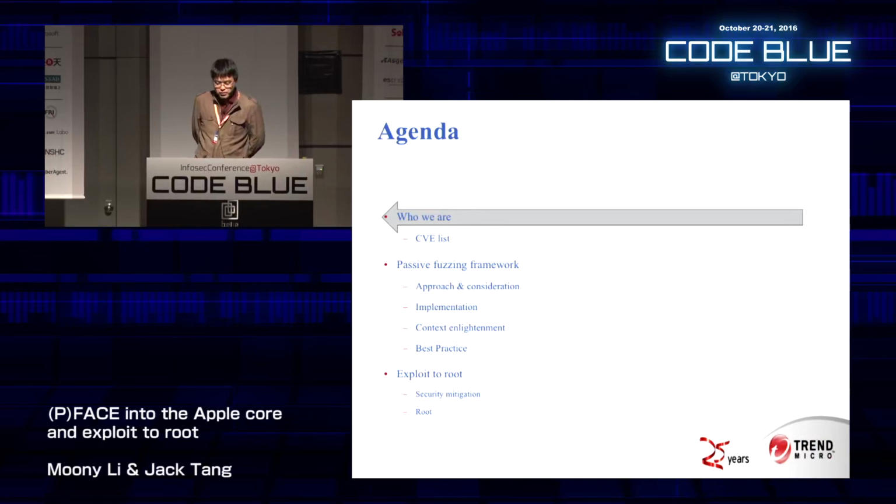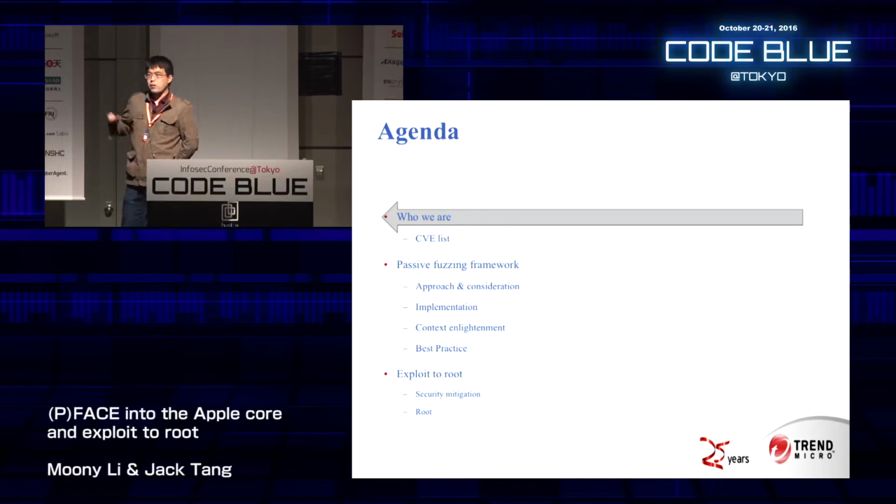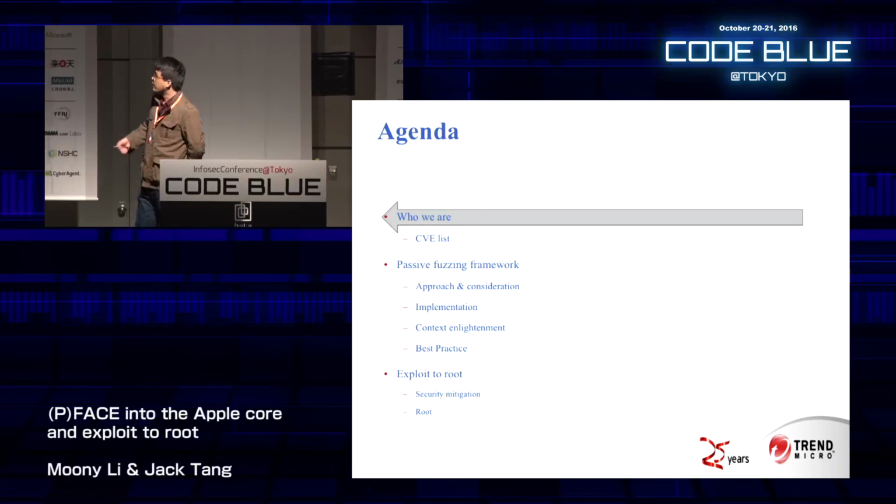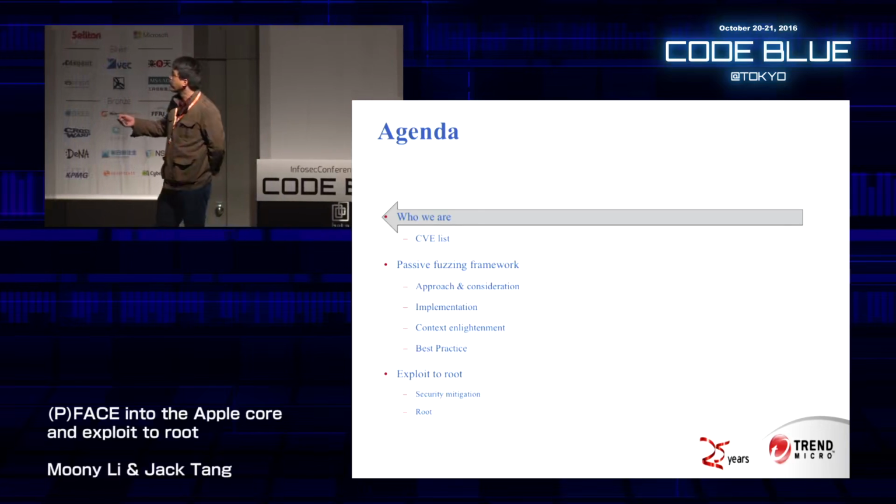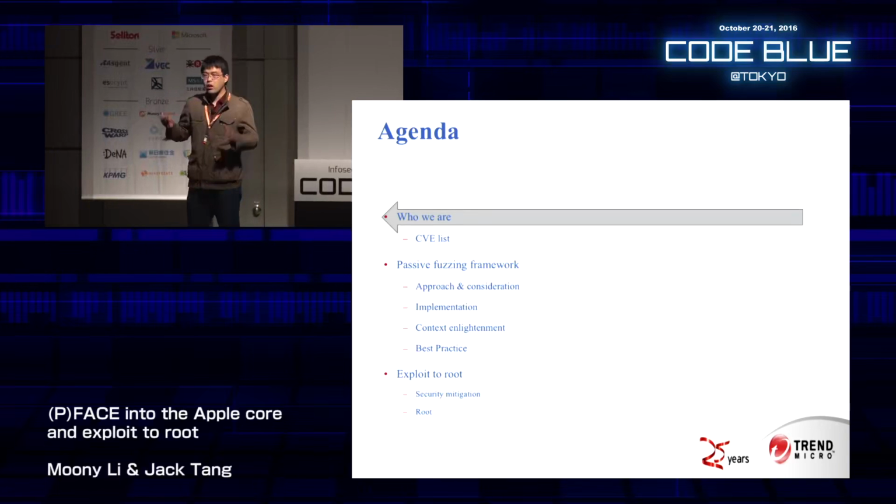Okay. This is my agenda. First, I will introduce a little about me and my partner. Second, I will introduce our passive fuzzing framework, about how we design the approach and consideration, and how we implement the passive fuzzing framework in detail.